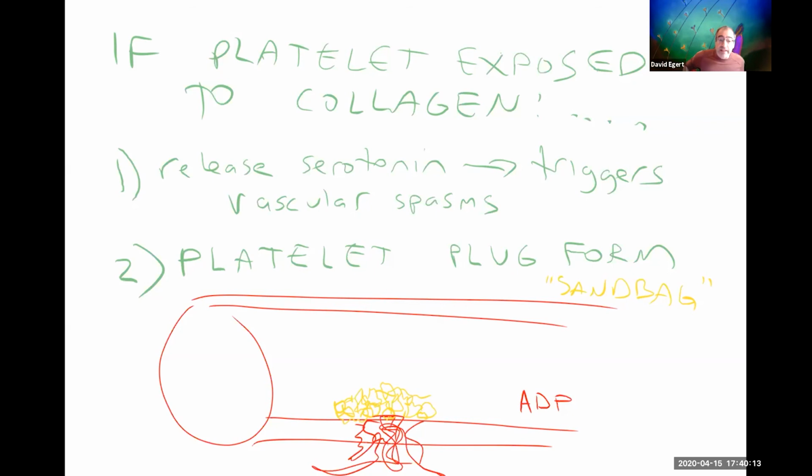The next thing is we're going to start what's called clot formation. This is a lot of different steps.